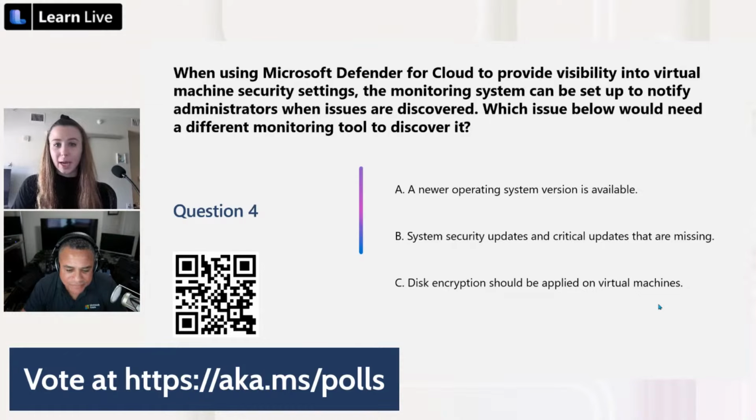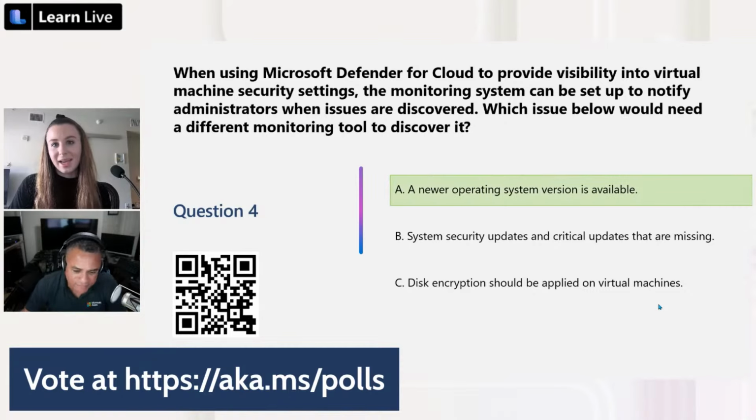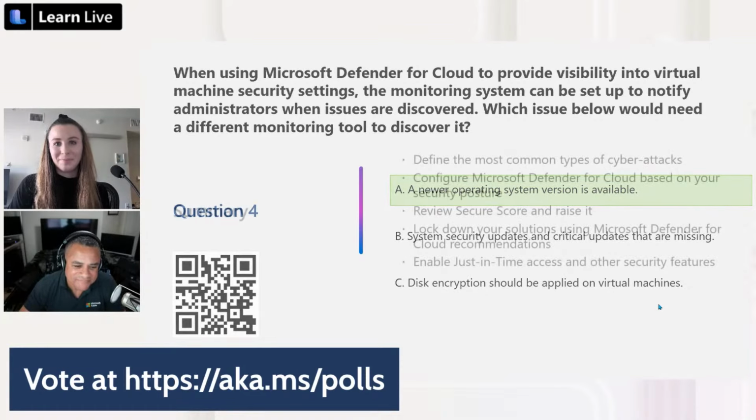We're not doing that. And then an Azure policy that exists is to apply disk encryption on virtual machines. And that's something that we can add into Defender for Cloud to actually let you know that you're not using disk encryption. So we can monitor that. So the answer here would be A, newer operating system version is available. All right.